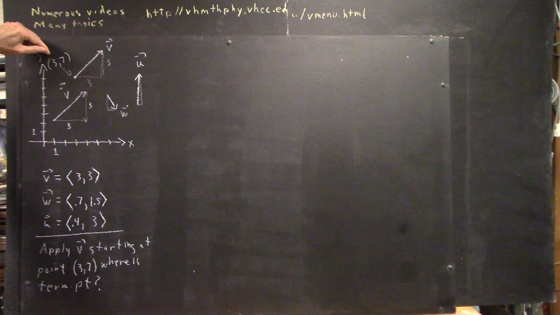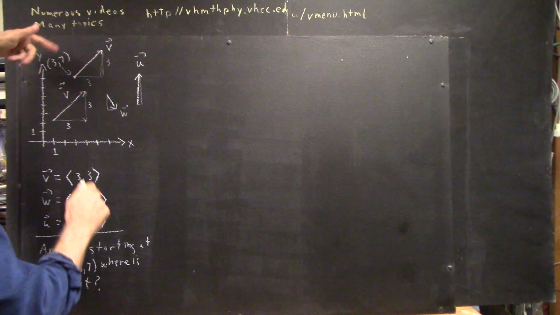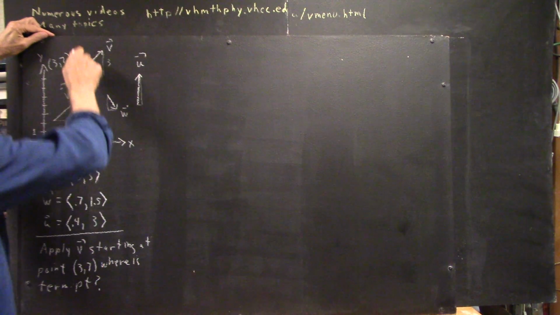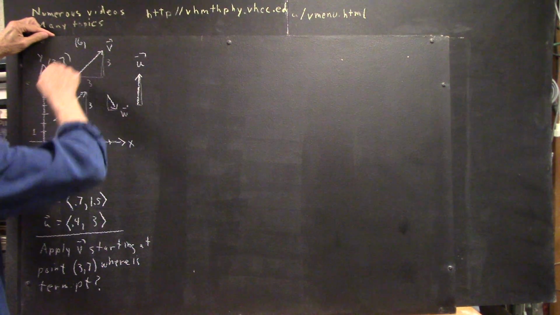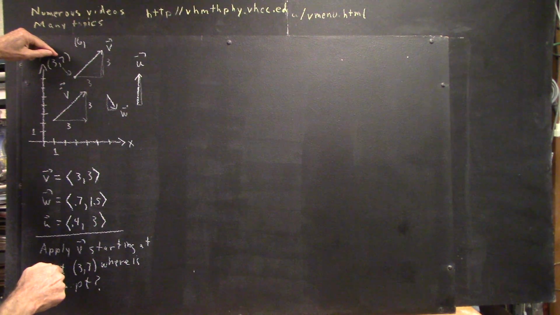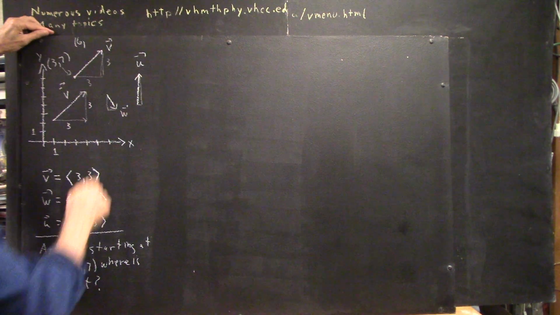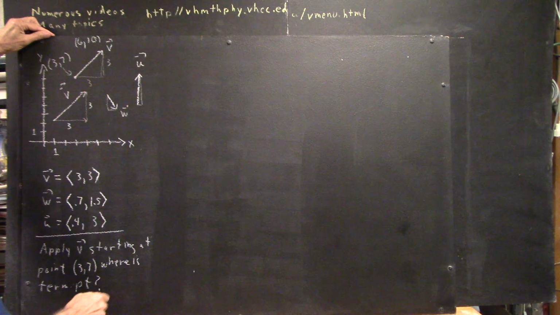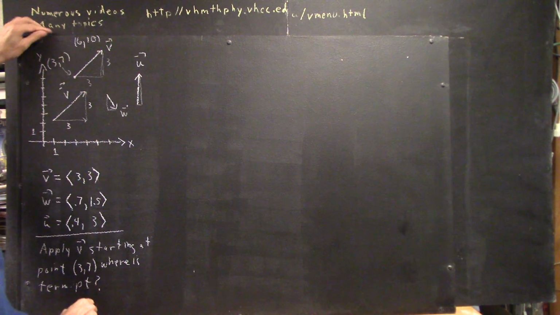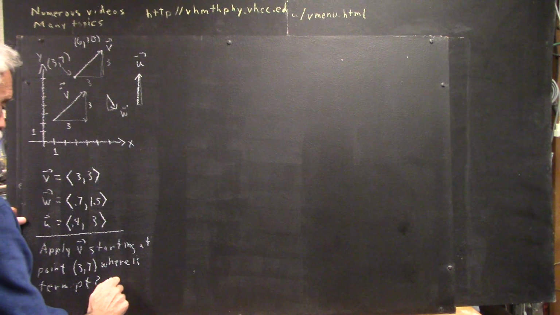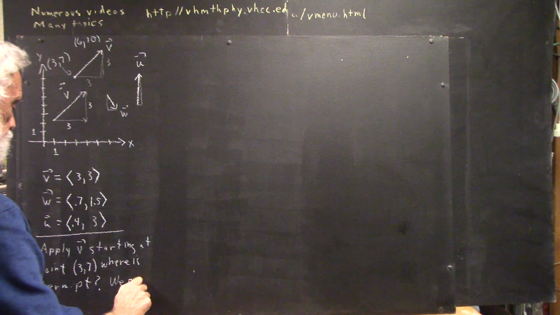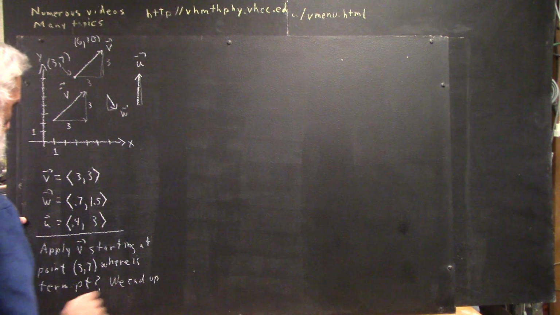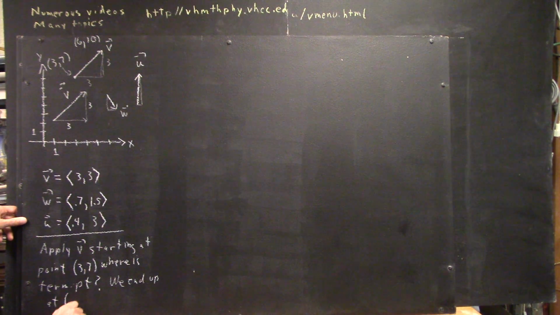We started at 3, 7. We move over 3. So our x coordinate is going to have to go from 3 to 6. And our y coordinate, which was 7, is going to have to go up by 3. That's going to give us 10. So we end up at the point 6, 10.